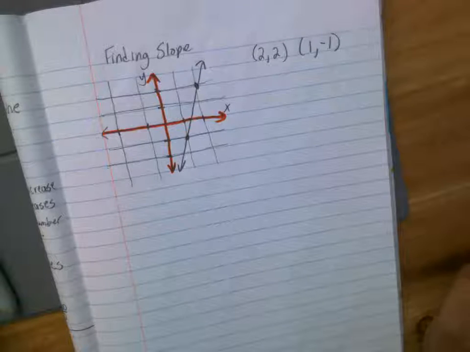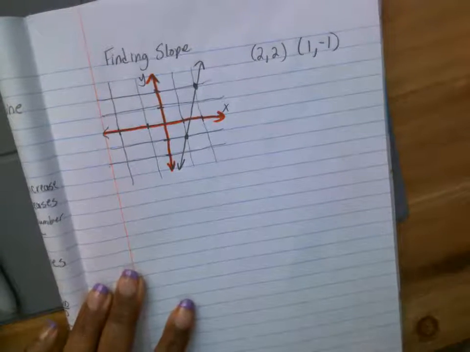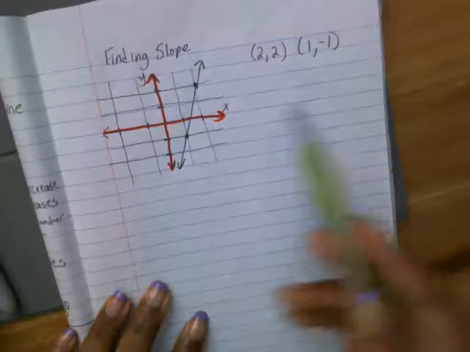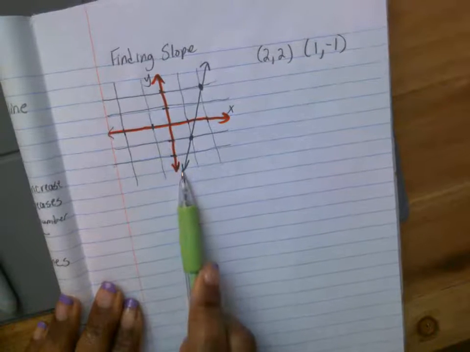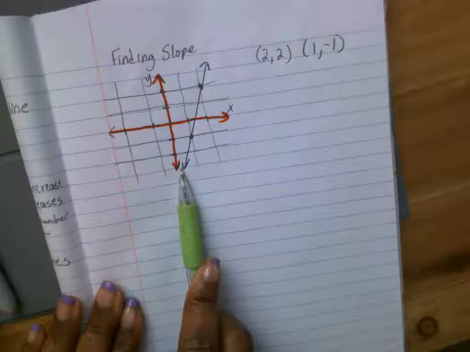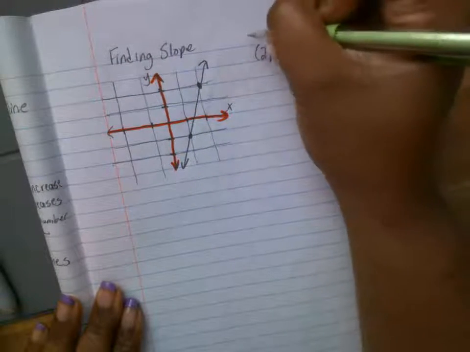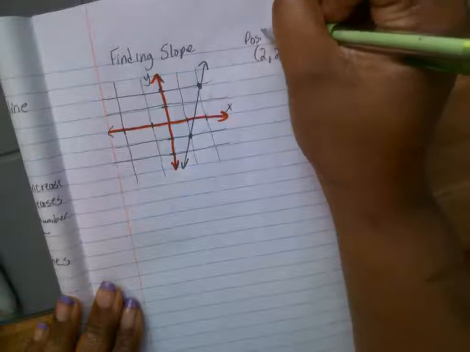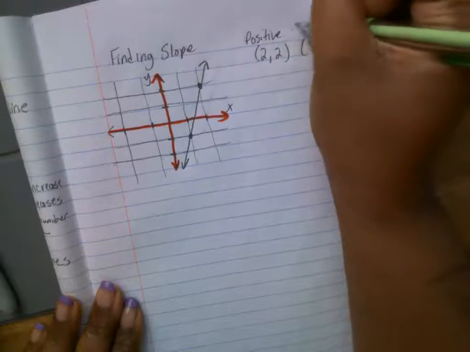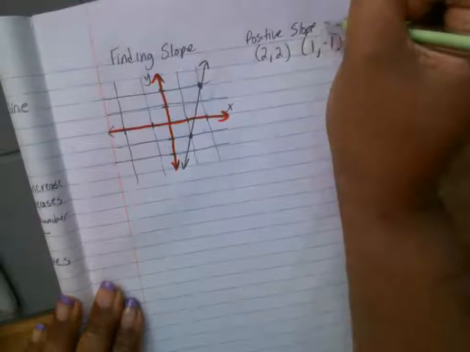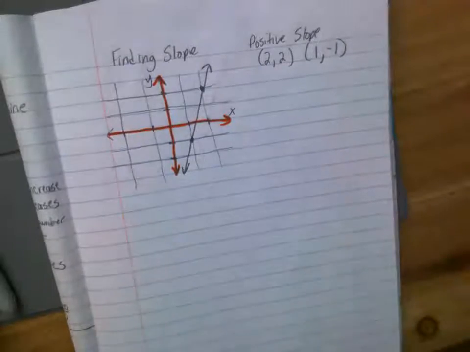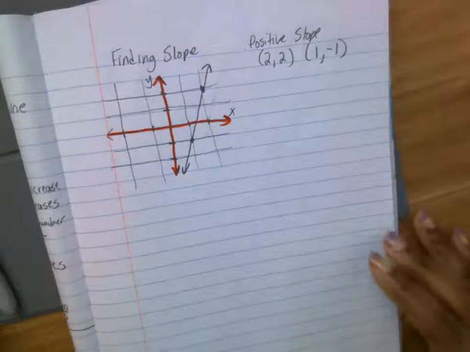I need to find the slope of this line. I'm going to identify what kind of slope this is. As I read from left to right, my line starts down here and it goes up. So this is going to be a positive slope. Since it's a positive slope, my m is going to be a positive number.